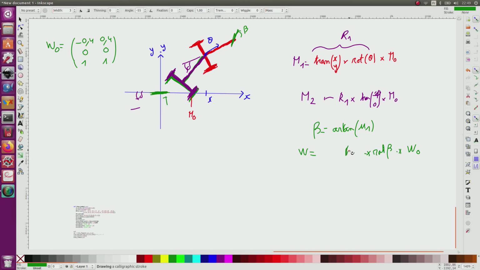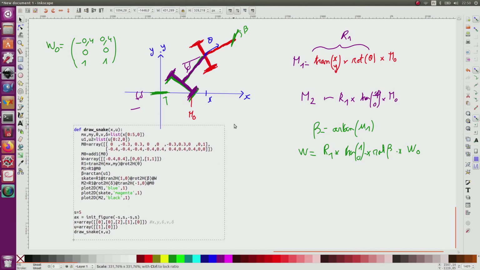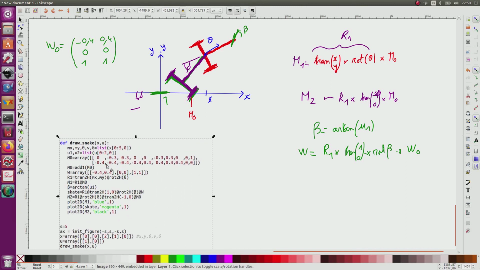So translation of 1, 0. And then I will apply exactly the same transformation as the first sledge. So this is what I will have. Just for the picture. So this corresponds to the following Python program, which is influenced by the first one.